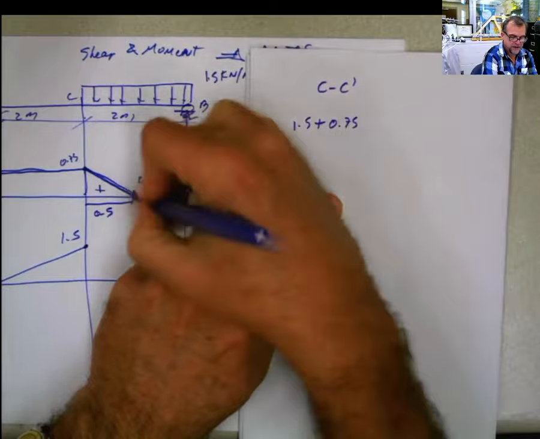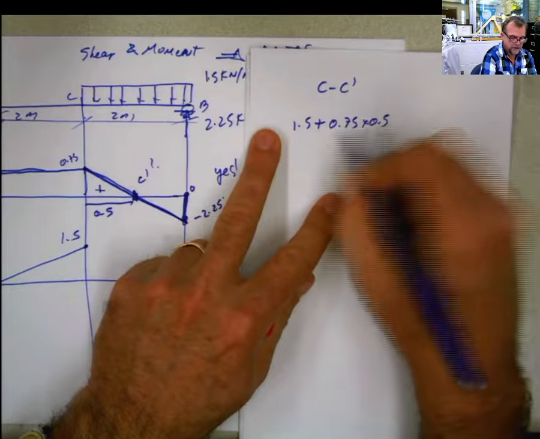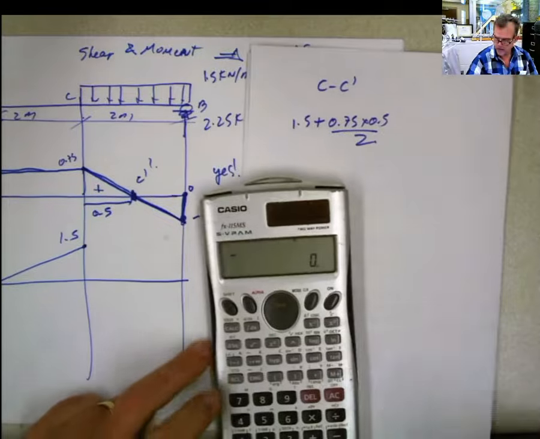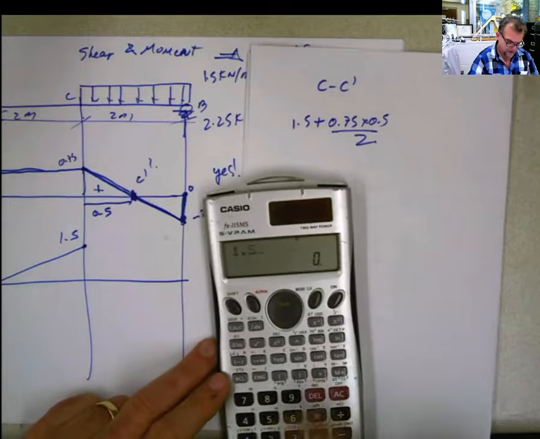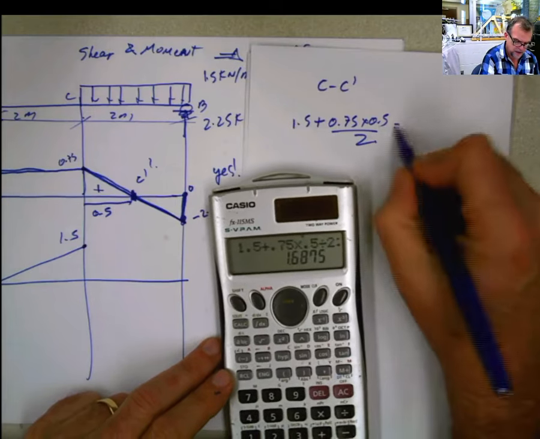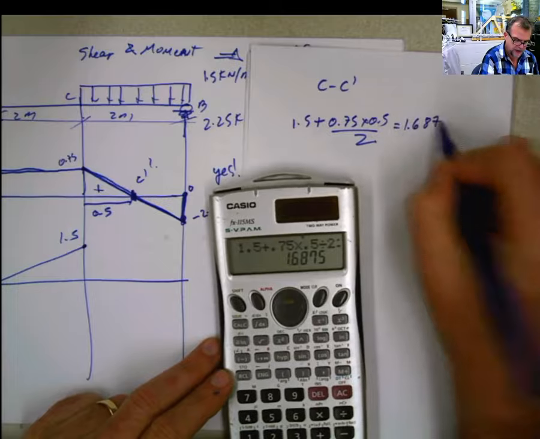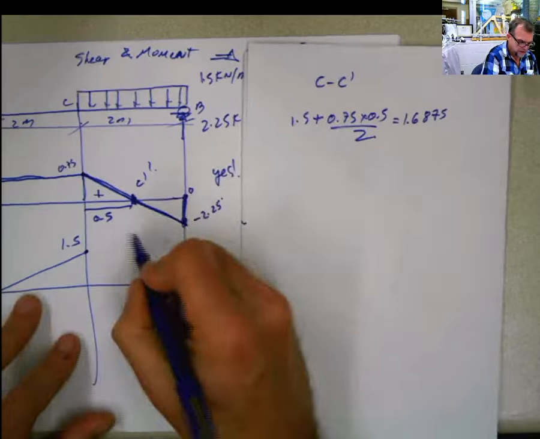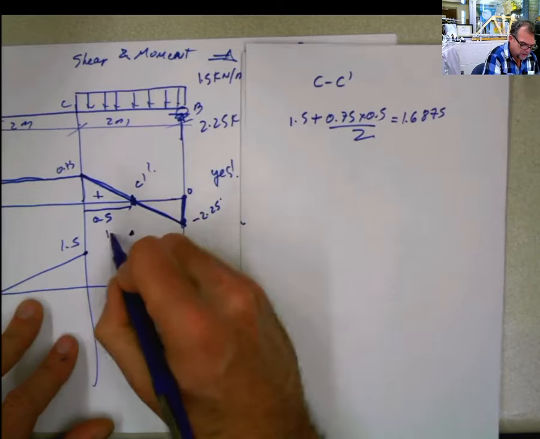What is the base? 0.5 divided by 2, and when you do that, you have 1.5 plus 0.75 times 0.5 divided by 2. This is 1.875. That means that this point here is going to be 1.875.